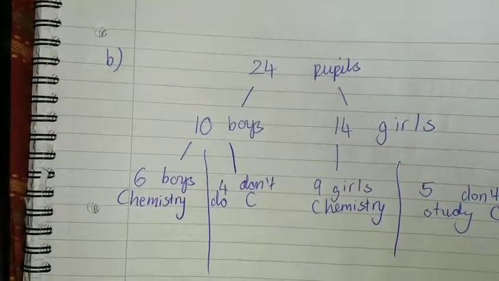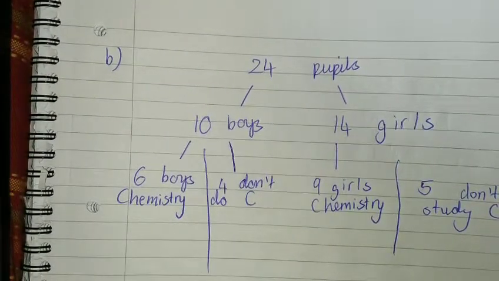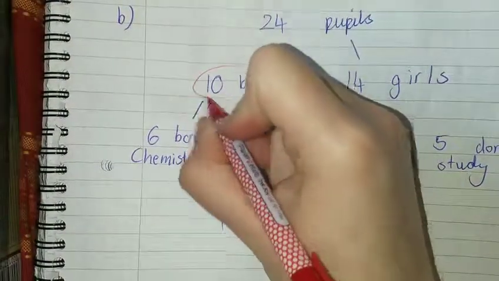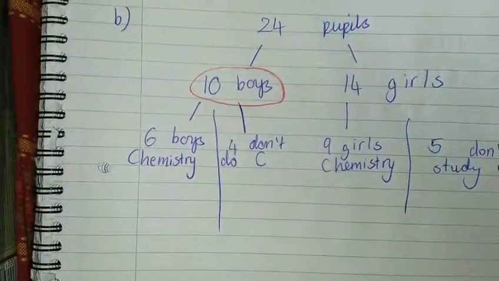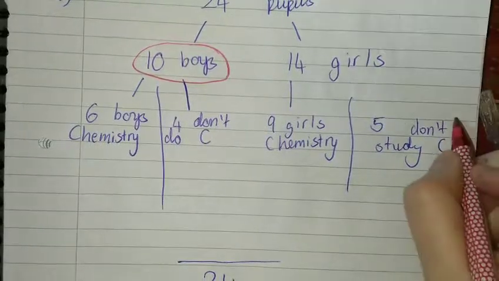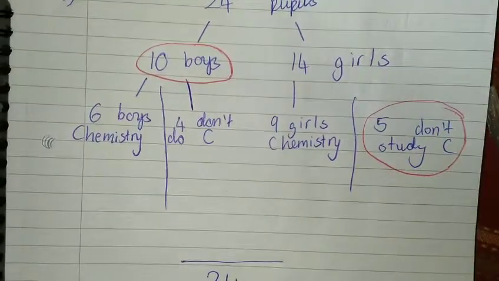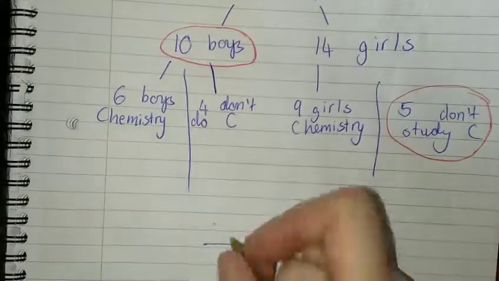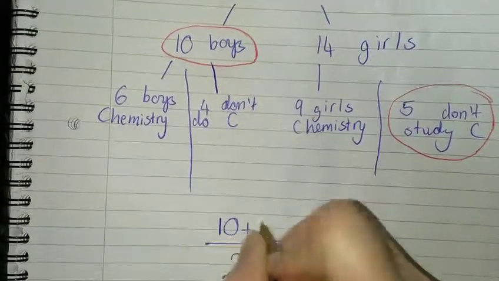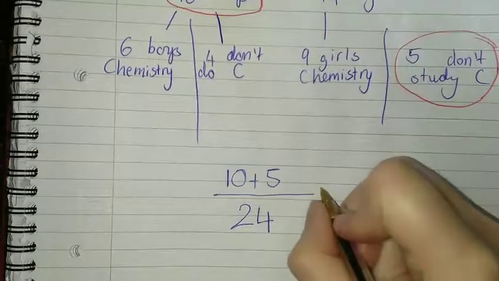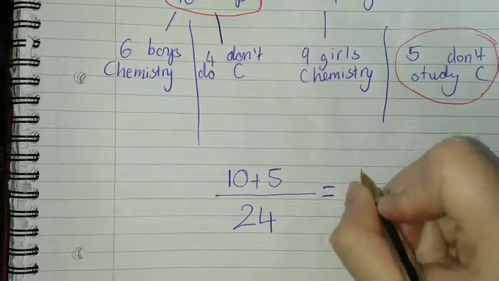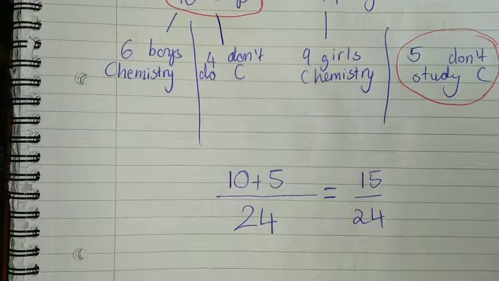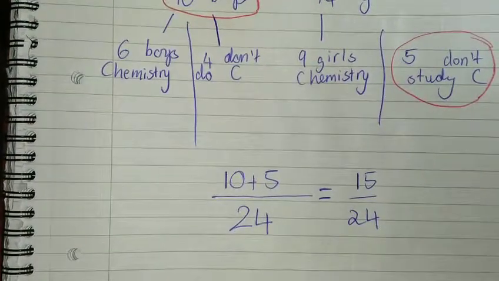We want the probability the pupil chosen is a boy or a pupil who does not study chemistry. So either a boy, which is 10, or a pupil that does not study chemistry, and there are 5 others that don't study chemistry. So we add 10 and 5, which gives us 15 over 24. And that is our answer for that question.